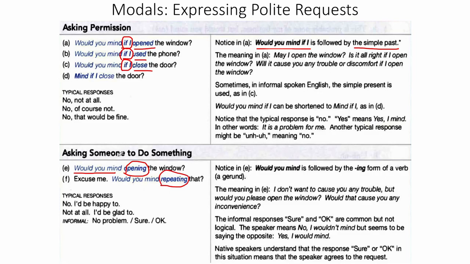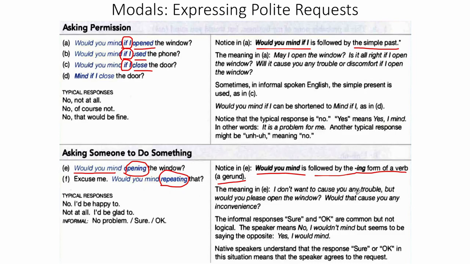So when we use would you mind for asking someone to do something, we do it this way, in which would you mind is followed by a gerund. Would you mind is followed by the ing form of the verb. It is a gerund.